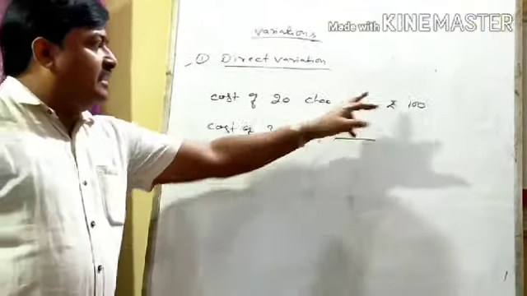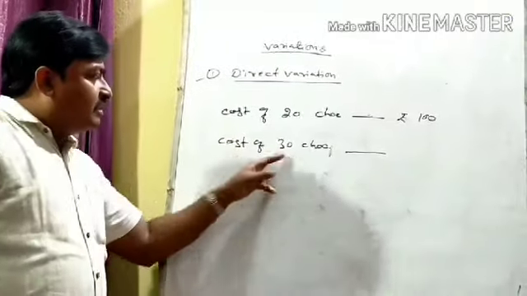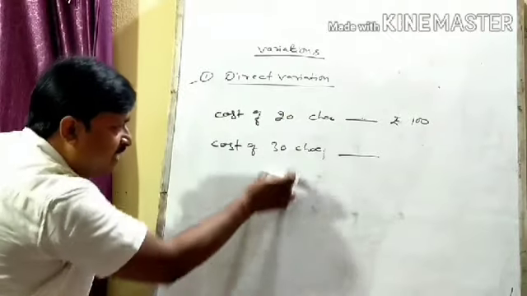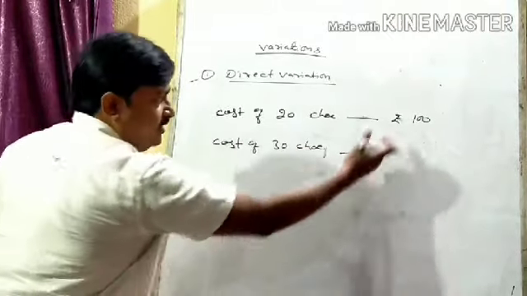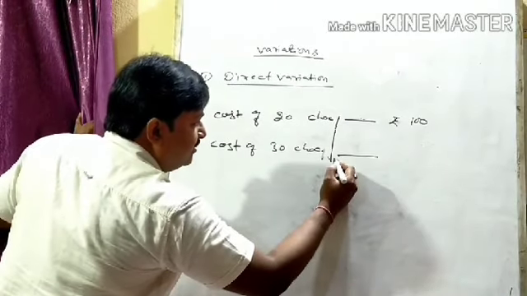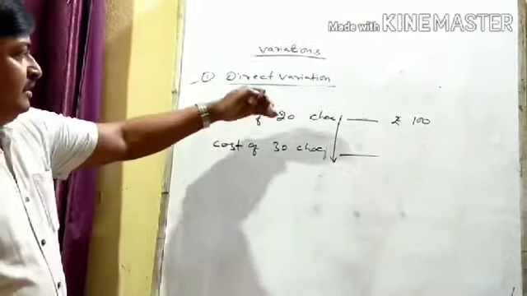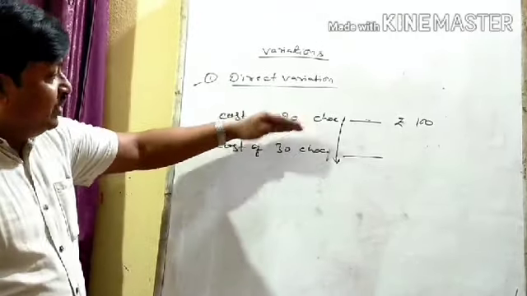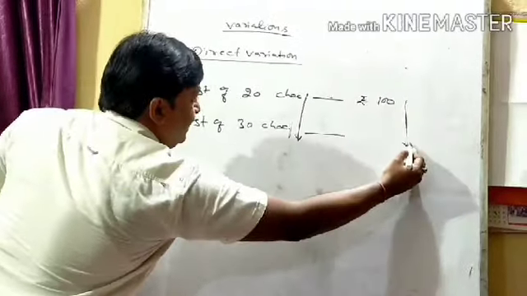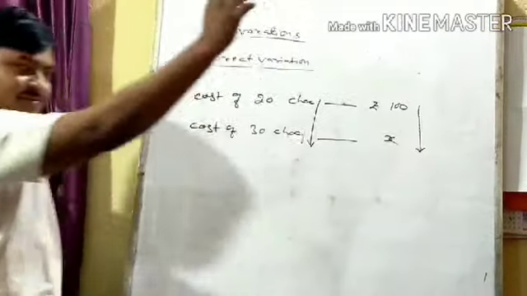Cost of 20 chocolate is rupees 100 and the cost of 30 chocolate is what? So student, see, the number of chocolate is increasing, therefore their cost must increase. The number of chocolates goes from 20 to 30, therefore the price should go from 100 to X.